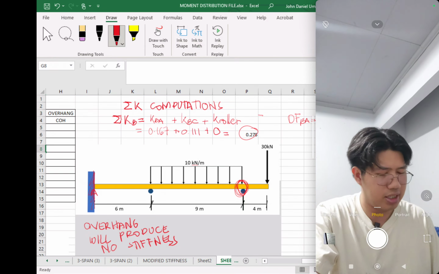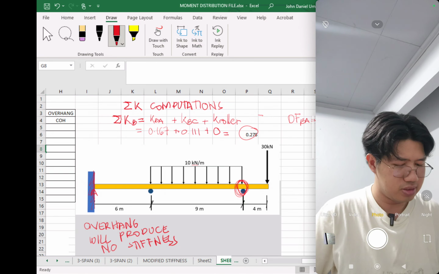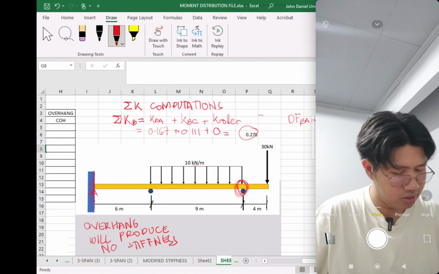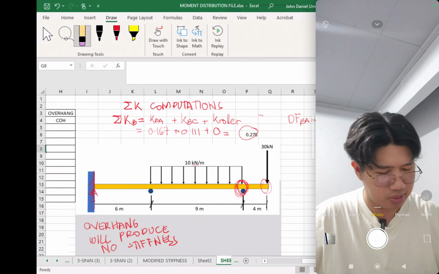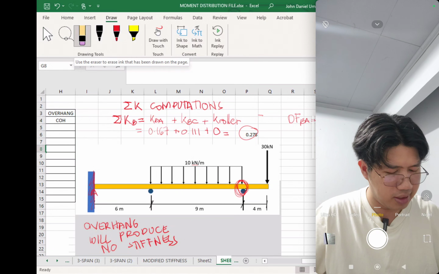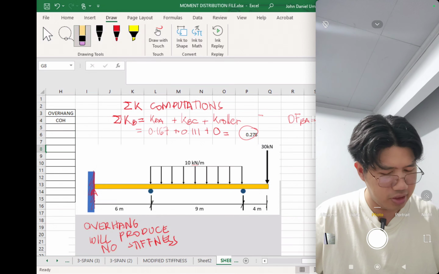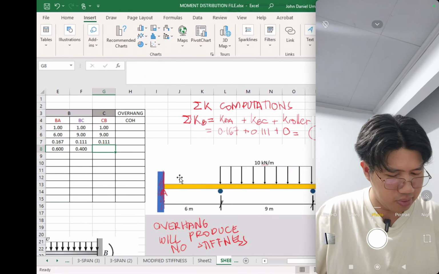Can we treat it as an end support? Do you think? The answer is yes, because that is the farthest support. There is no support here because it is an overhang. So when the end support is a roller or pin, even without computing, you get 1.0.